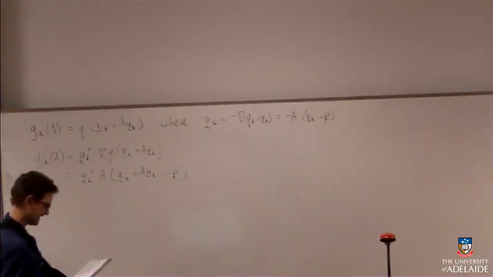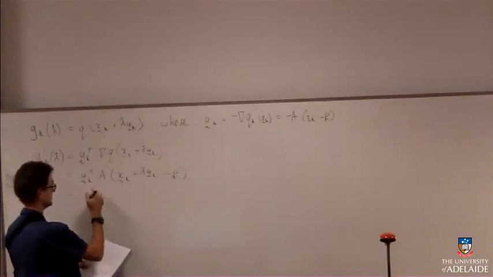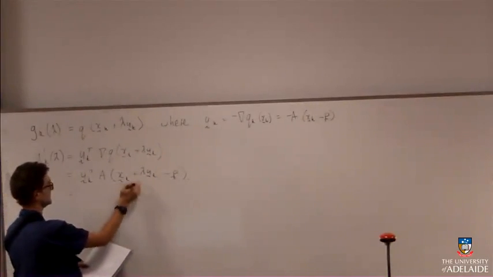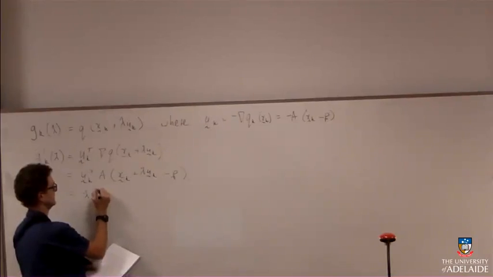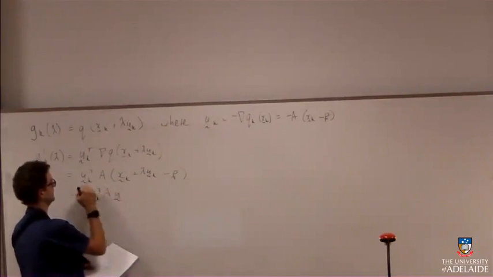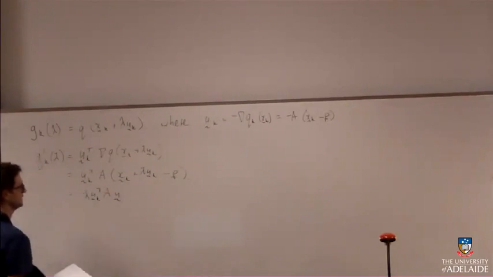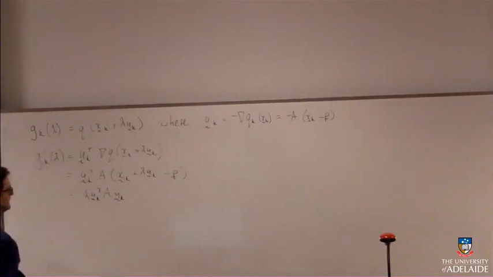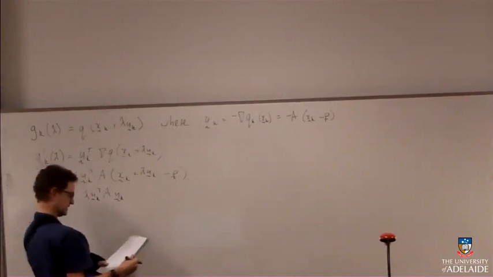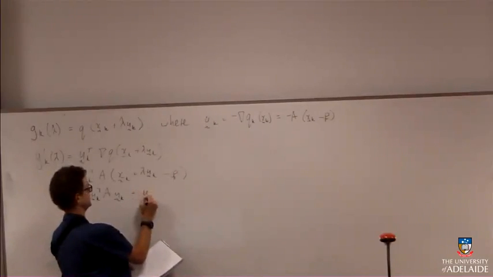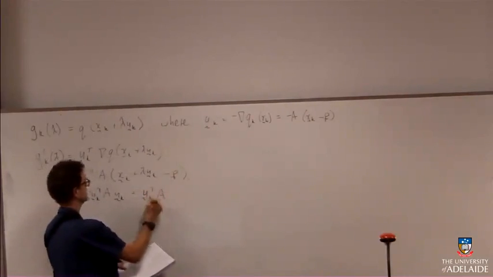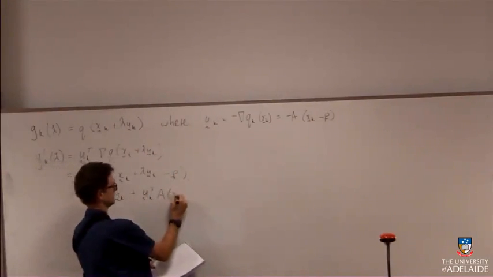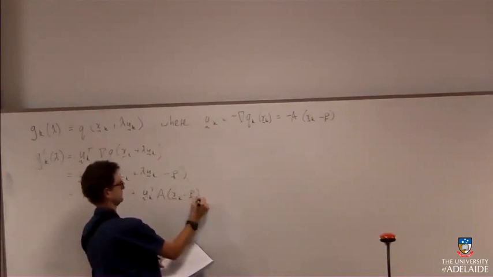That's my expression there. So I can expand this out. I'll expand out this term first because it looks interesting. You can see I've got a uk transpose and a uk. So let's collect those together, and then I'll glomp everything together. The other stuff is going to be uk transpose a xk minus p.